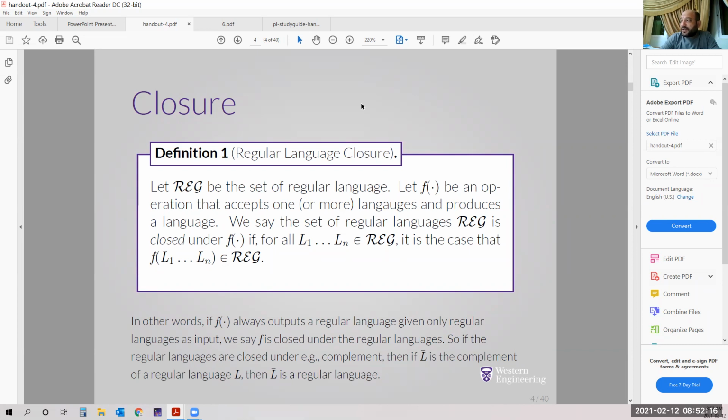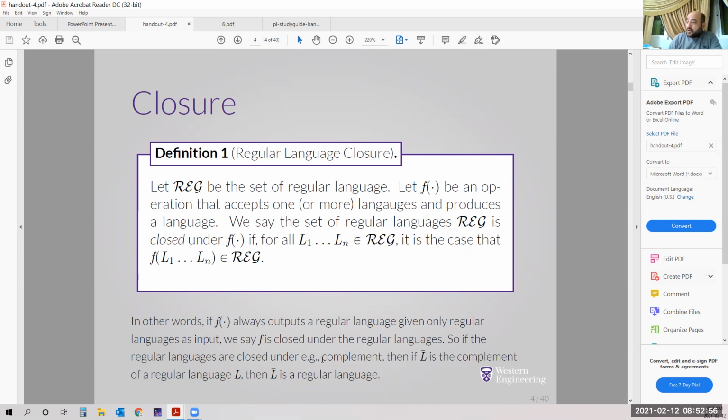We say that the set of regular languages is closed under concatenation, where dot means concatenation, if for all L1 to Ln belonging to regular languages, it is the case that F(L1 to Ln) belongs to regular. In other words, if the operation outputs a regular language given only regular languages as input, we say it is closed under regular languages. Same as we said with addition on Z: it's closed because its input is integer and the output is integer.